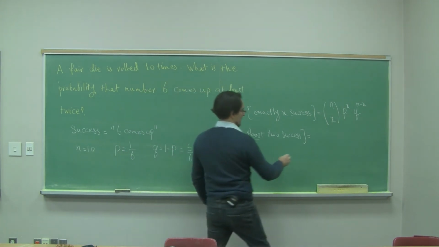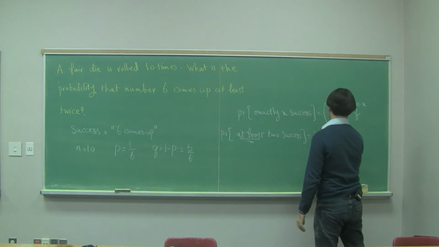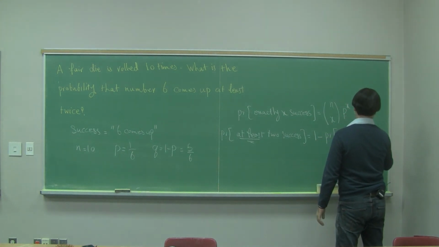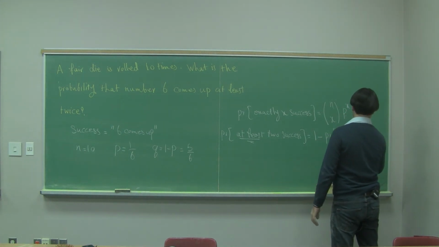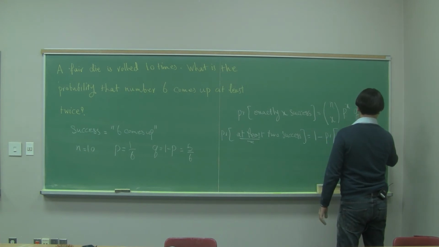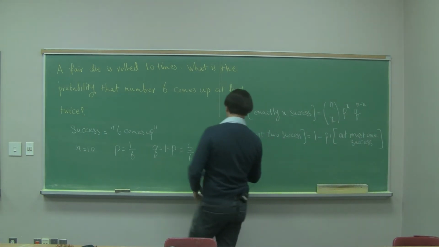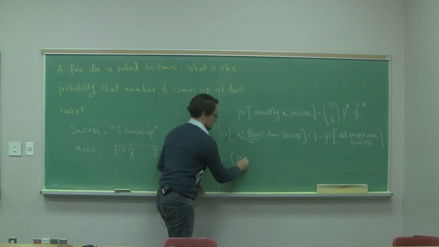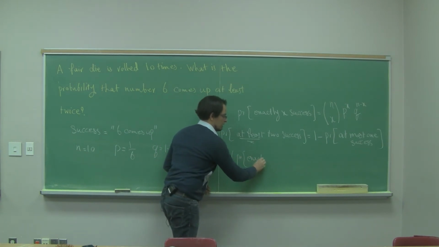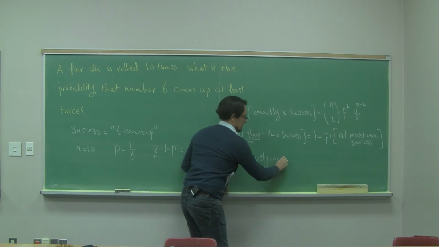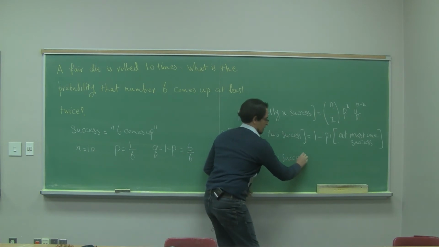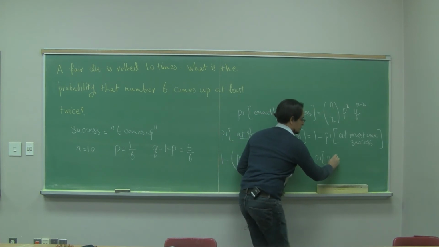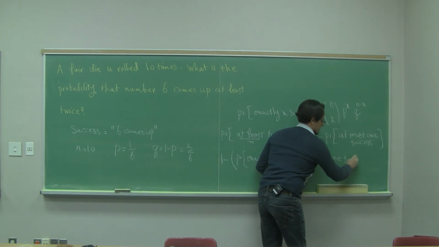So I'm writing the complement: the probability of at most 1 success. But at most 1 itself means the probability of exactly 1 success plus the probability of no success.